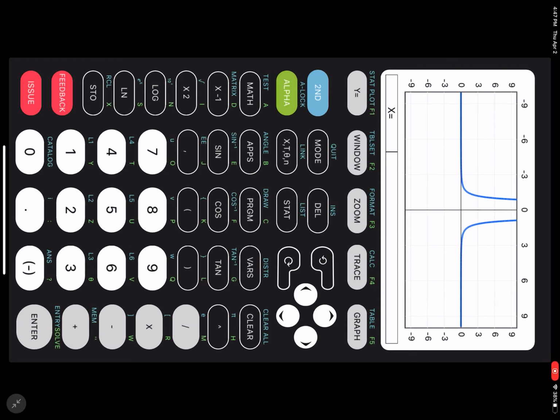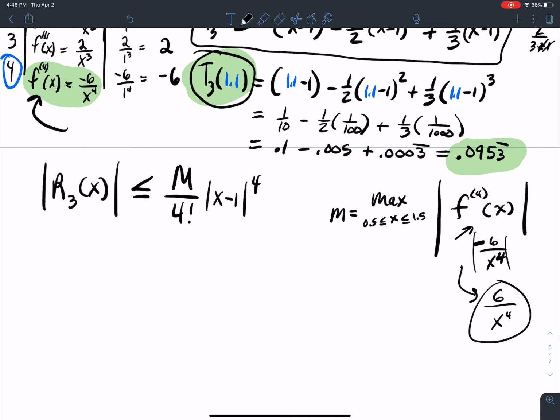This graph, from 0.5 to 1.5, looks like it's decreasing as x increases on that positive side. So where is this function, the derivative, going to be biggest?